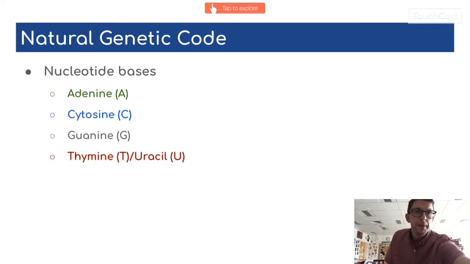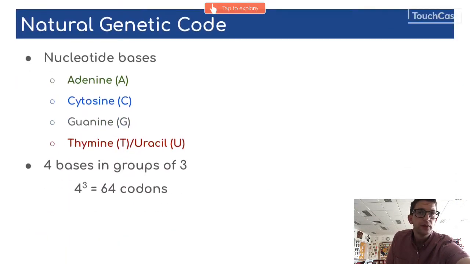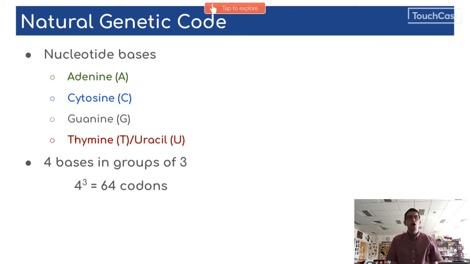With a little bit of math, if we have 4 bases in groups of 3, that gives us a possibility of 64 different codons, 64 different codes for starting, stopping, and coding for amino acids during the process of translation.